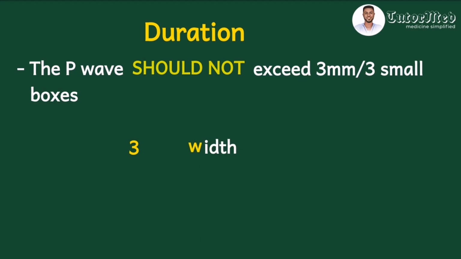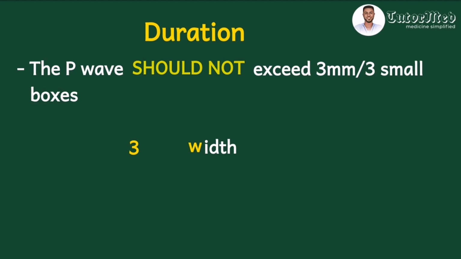And so it helps me remember that the P wave should not exceed 3 millimeters. And so having seen the normal parameters of the P wave, let's see how they can help us identify atrial anomalies.